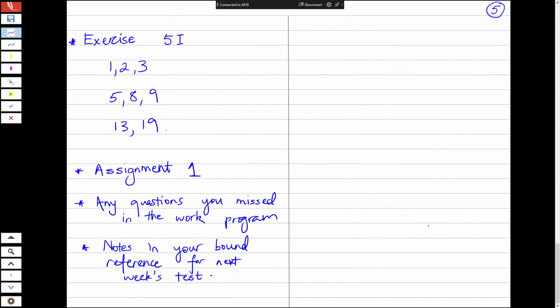Okay, I'll go back. So this is what I want you to work on today. If you want practice with simultaneous equations, you should work on exercise 5i. Particularly setting up the equations, that's usually the hardest part for students at this level.